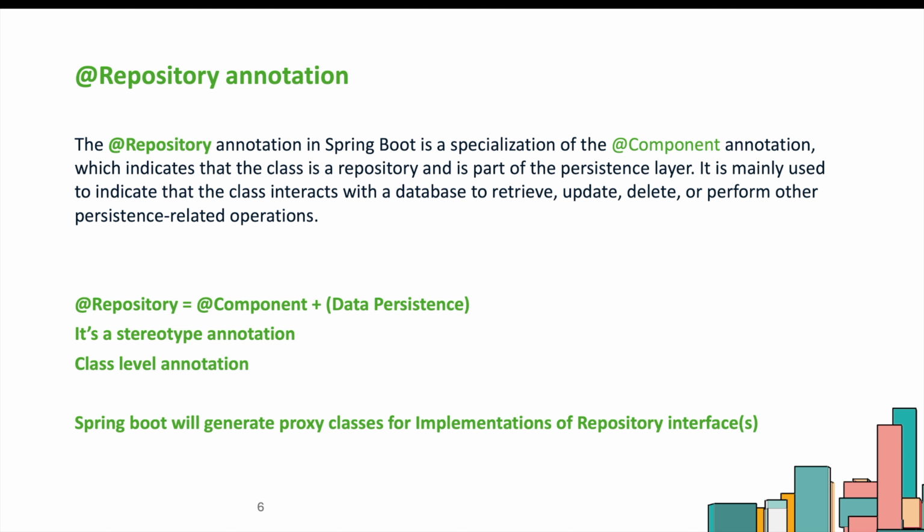It's a stereotype annotation and a class level annotation. Whenever you extend an interface like JPA repository or CRUD repository, Spring Boot will create proxy class implementations for us. We are not going to implement those interfaces. Spring takes care of implementing them, whichever you use.